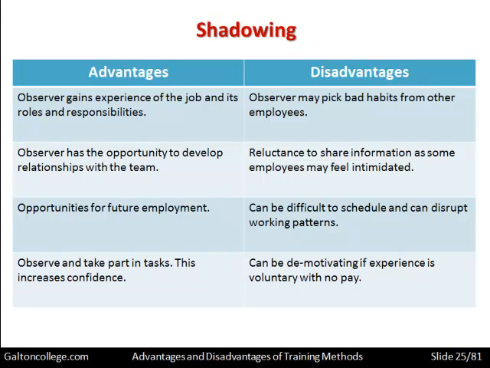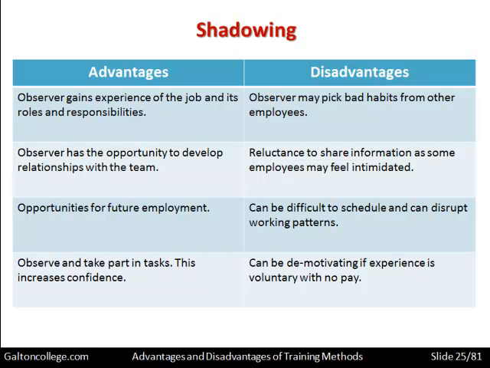Observe and take part in tasks. This increases confidence. Shadowing can lead the trainee to make observations and eventually to help the artisan, help the skilled worker perform the task by completing some tasks and preparing some parts of the work and having it ready for the skilled person.